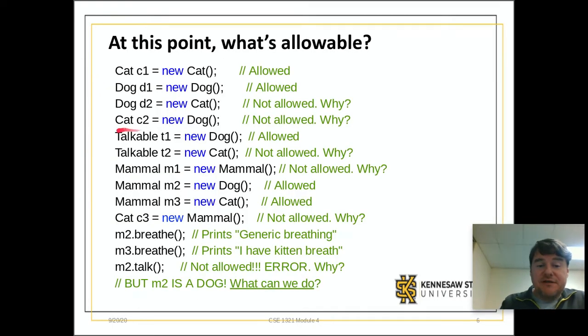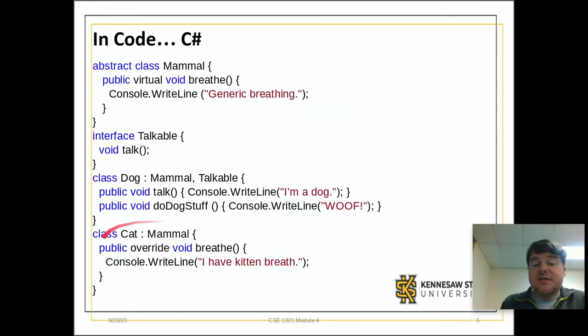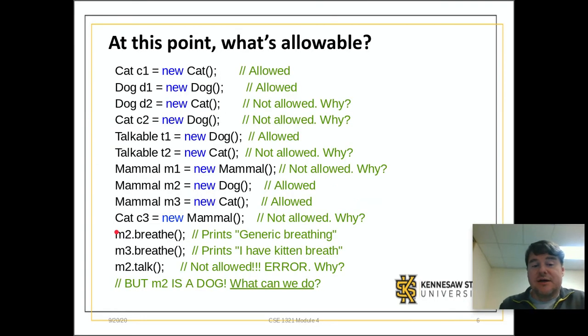So that is a perfectly valid thing to do. I cannot do talkable T2 equals new cat. Why? Because cat does not implement talkable like dog does. So this was only valid because dog implements talkable. Cat does not implement talkable, therefore I cannot use talkable as the type and say gets new cat. That's not allowed. So that one is no, can't do that.